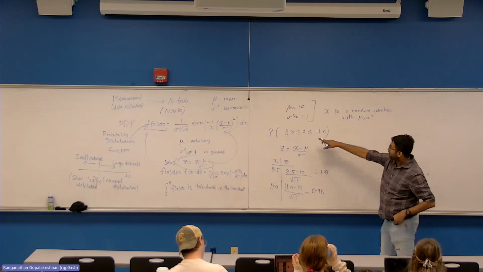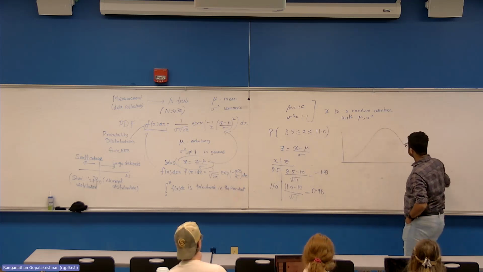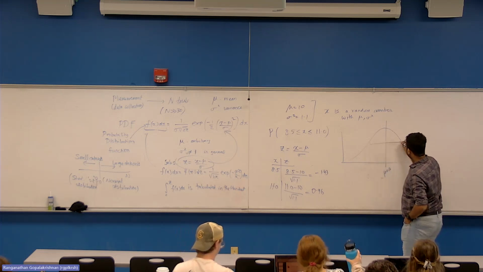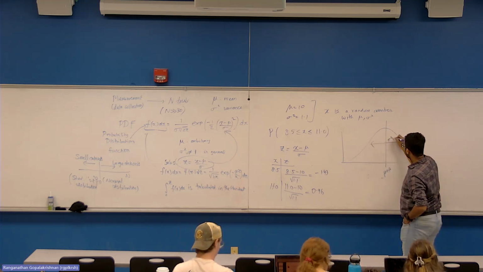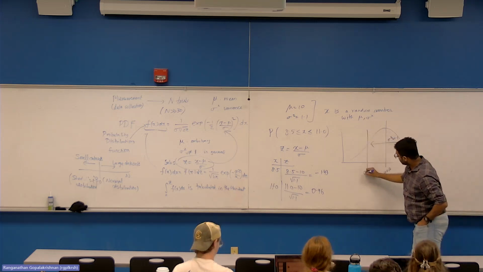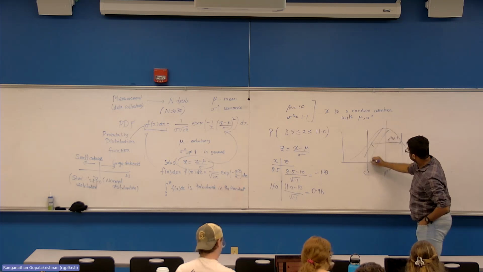So the probability that x, which has a mean of 10 and a variance of 1.1, falls between 8.5 and 11, is this area.